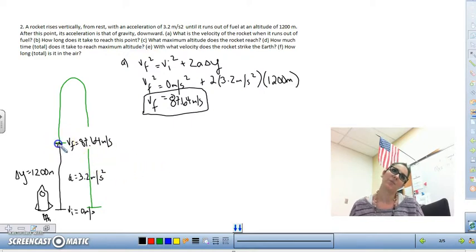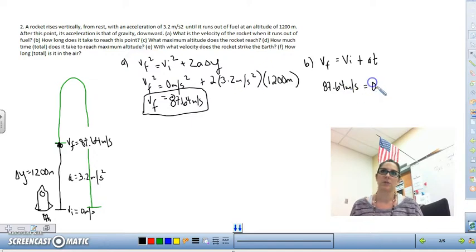That's at this point right here. Now I want to know how long it takes to reach that. We can use pretty much any kinematic equation because we have every variable but time, but I like this one. I'm going to plug in our final velocity, our initial velocity, and our acceleration. It's the acceleration at that instant, not gravity.